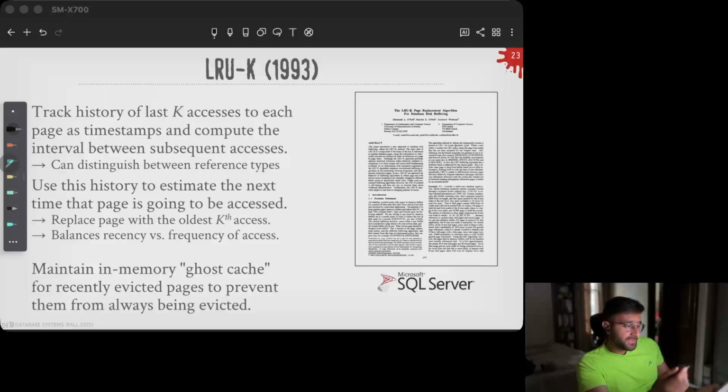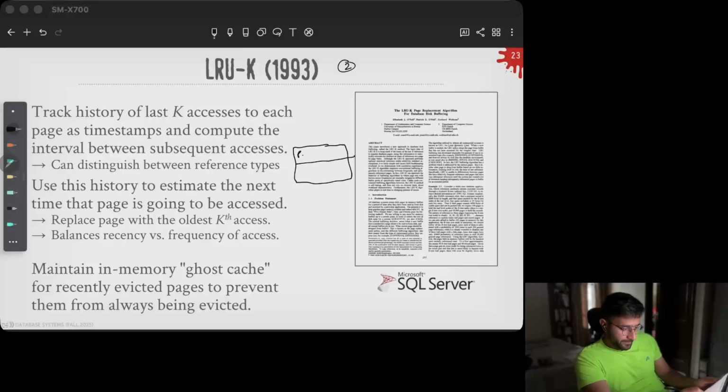Let's say K is 2. For a given page, say page 1, we maintain two timestamps as to when it was accessed. If the page was not accessed, these are by default infinity. If the page was accessed, then you fill in the values.